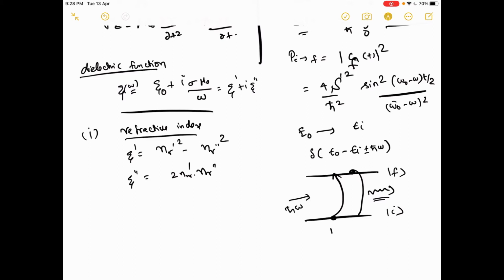The first one, where an electron in the initial state, or in the valence band, went up, is called absorption. We saw one funny case where there is no photon, but it still stimulates an emission from the excited state to the bottom state, which is called spontaneous emission. It has to do with the vacuum fluctuation in the zero photon state. In the photonic vacuum also, it has some energy. It does not have zero energy.